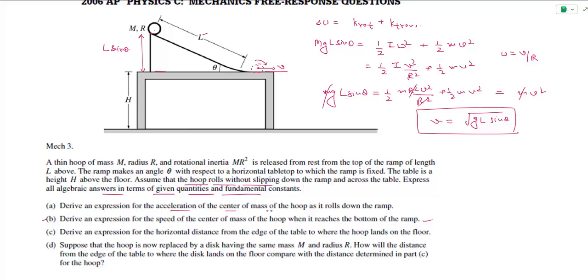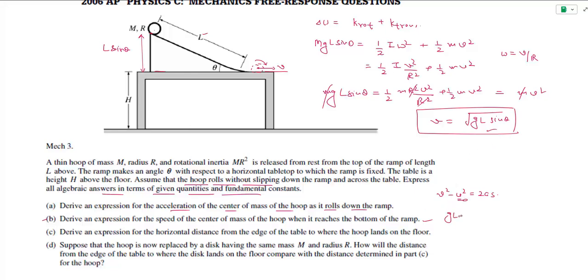Now write an expression for the acceleration of the center of mass of the hoop as it rolls down the ramp. Initial speed is 0. So simply use the equation v square minus u square equals 2as. Here u is 0.